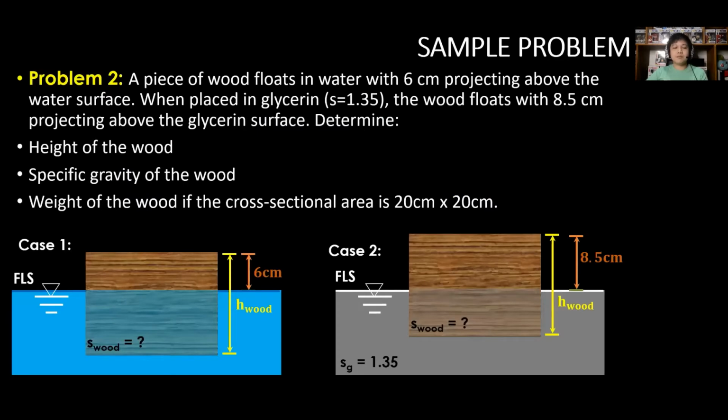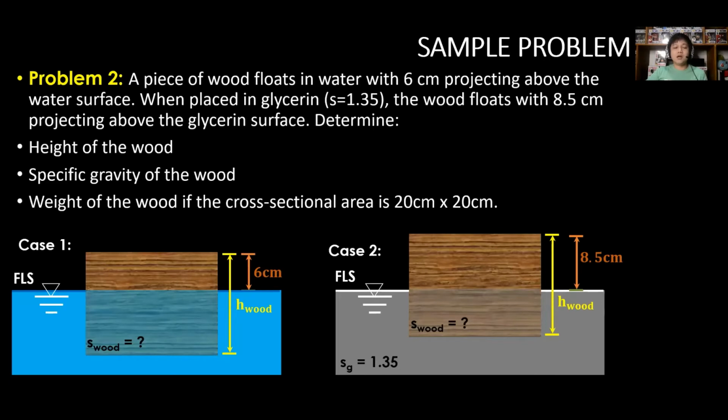For our sample problem number 2, a piece of wood floats in water with 6 centimeters projecting above the water surface. When the same wood is placed in glycerin with specific gravity 1.35, the wood floats with 8.5 centimeters projecting above the glycerin surface.